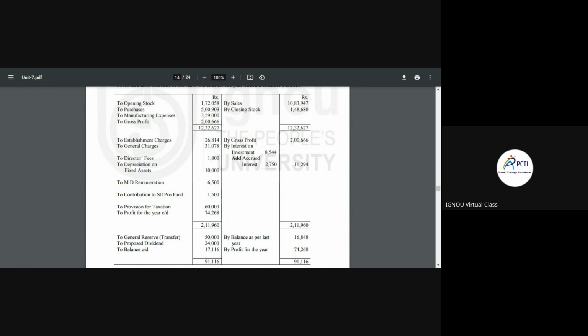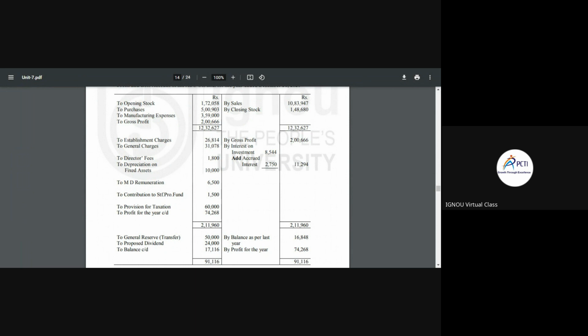After that, the gross profit will be transferred to the second part of the final account. Then to the gross profit we add interest on investment, and then we add the accrued interest. On the left side we have establishment charges, general charges, directors' fees, depreciation on fixed assets.